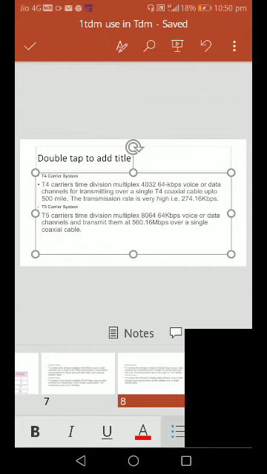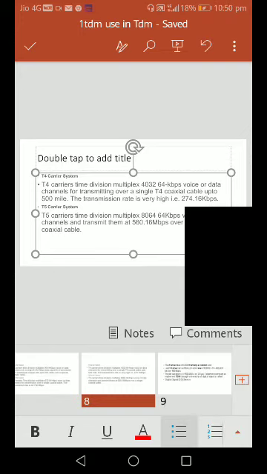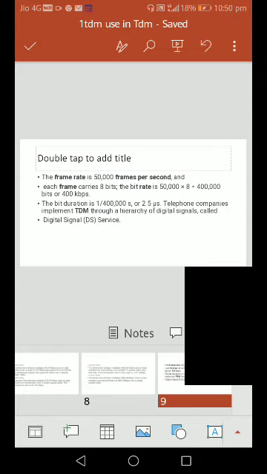The next slide is about time division multiplexing and the frame rate.